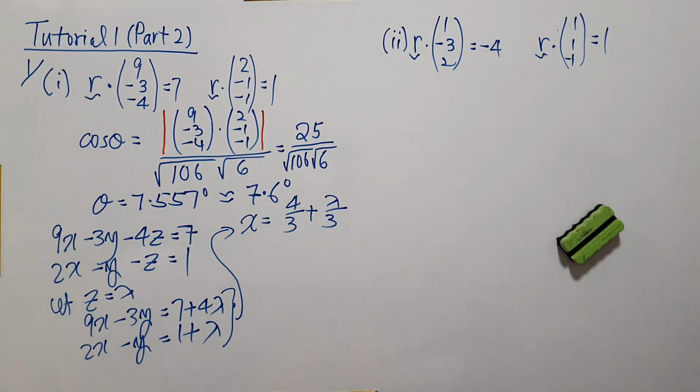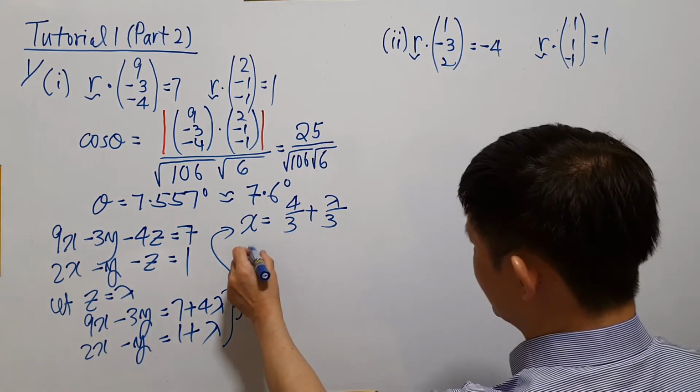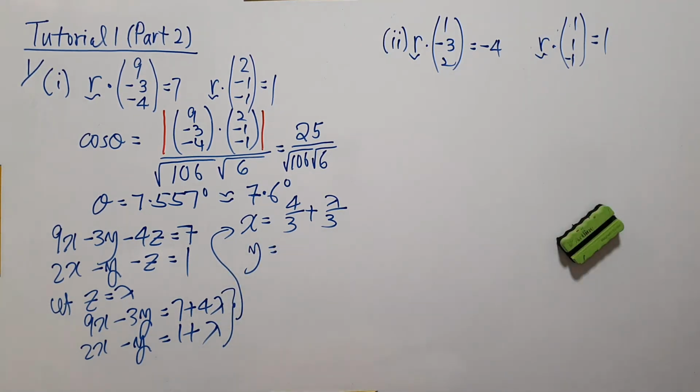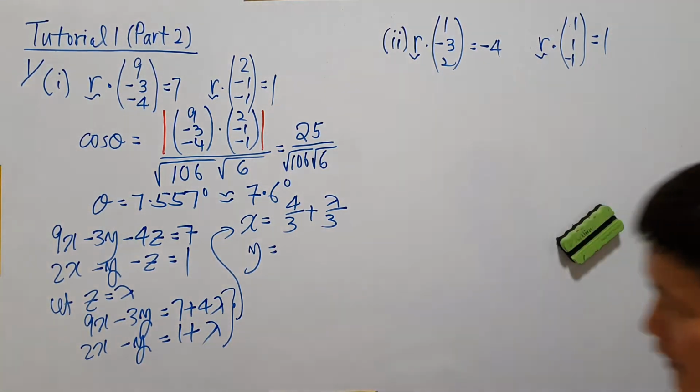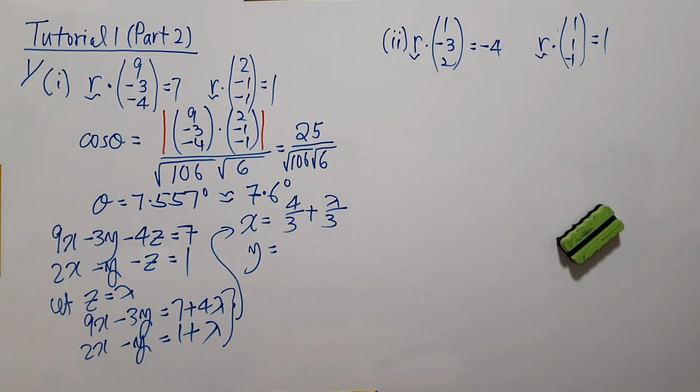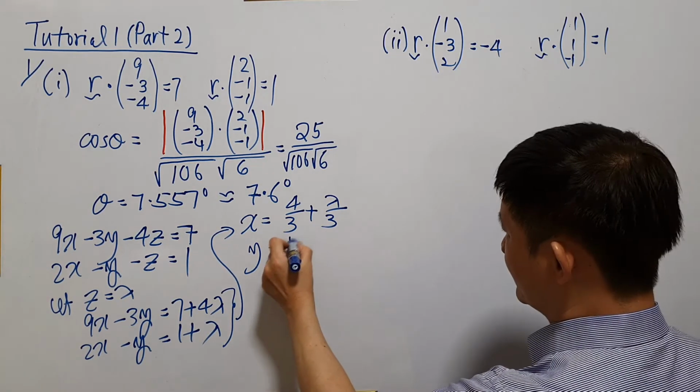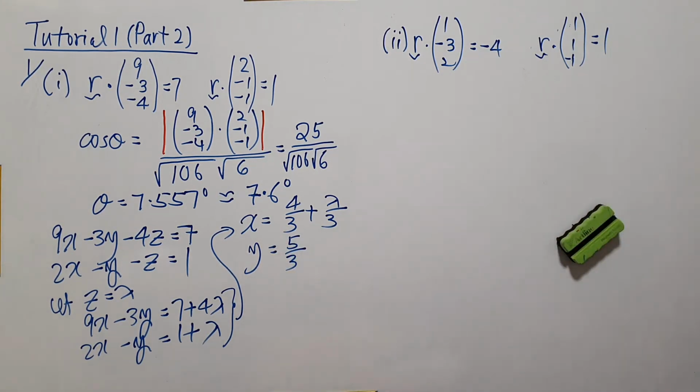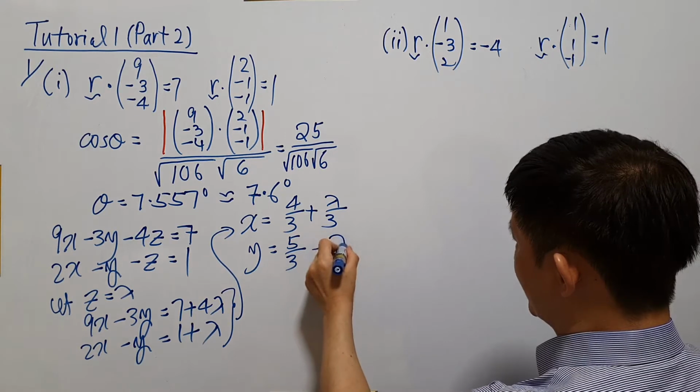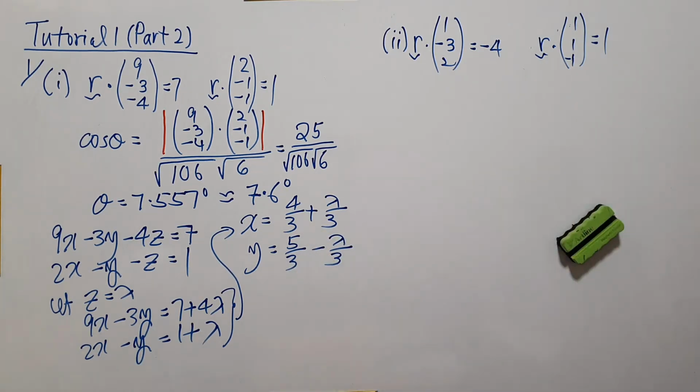I get this for my x. And then I have to find my y. I'm going to plug this into the second equation to find my y. So it's going to be 5 over 3 minus lambda over 3. If I solve that simultaneously, I get these values for x and y, all in terms of lambda.